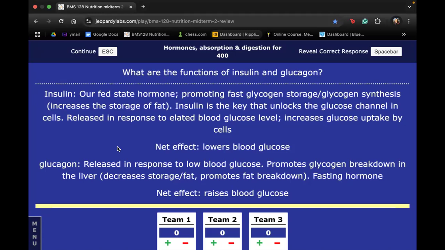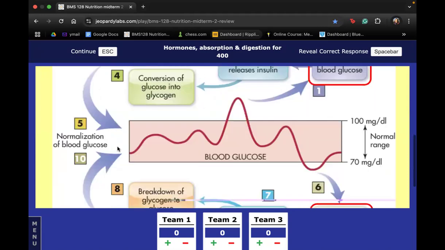On the other hand, glucagon notices our blood sugar level is really low, so it breaks down glycogen into glucose for our body to use. So they're like yin yang of each other. And here's a picture of that.